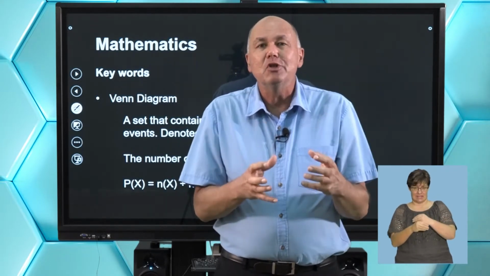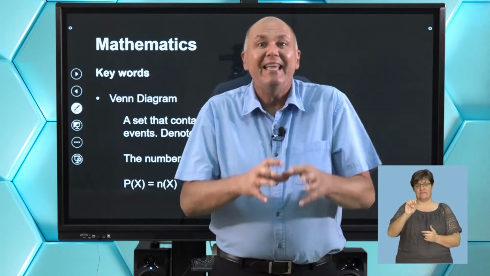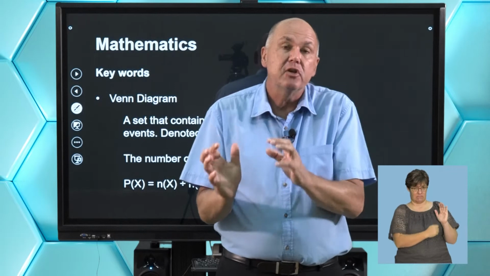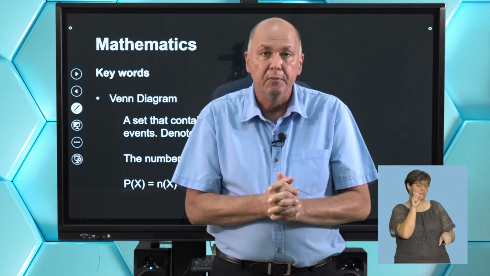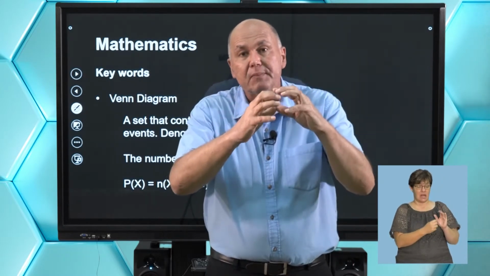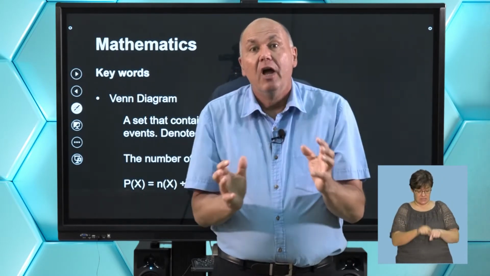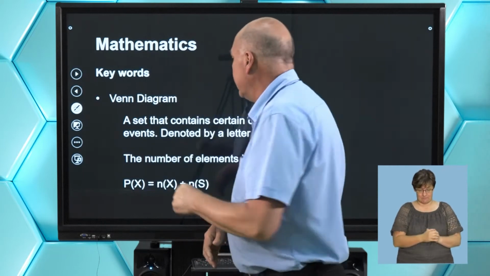We refer to these as shapes, as Venn diagrams. They can be sets that limit a certain condition that we're wanting to investigate or explore. So a Venn diagram goes into the sample space and focuses on our favorable outcomes, or the things that we would like to happen. Let's have a look at the notation.